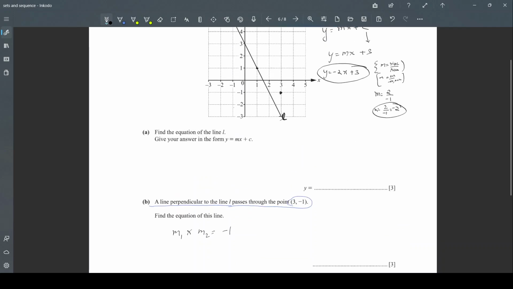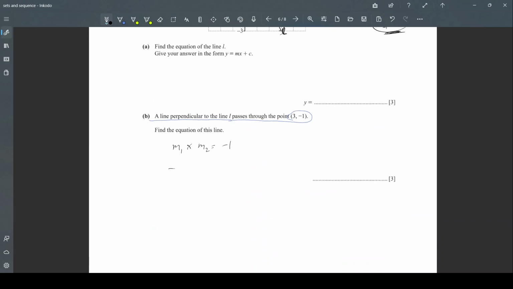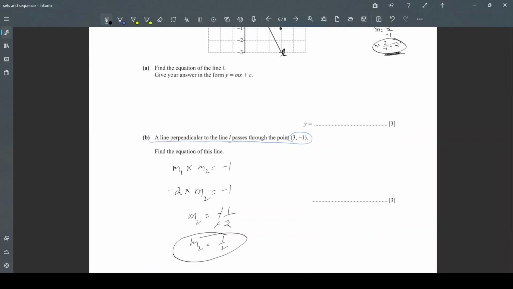So m1 is what we got here, that is minus 2. m2 can be easily found by making m2 the subject, right? So m2 will be equal to 1 by 2. So the magnitude of the second line, the perpendicular line, will be 1 by 2.